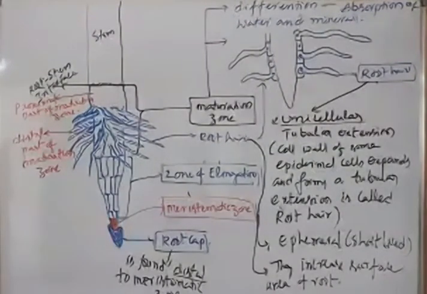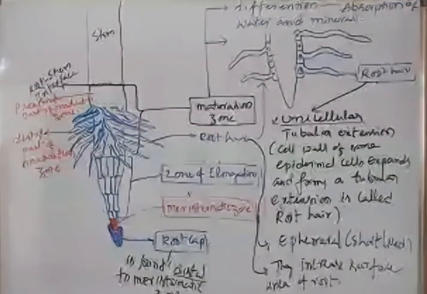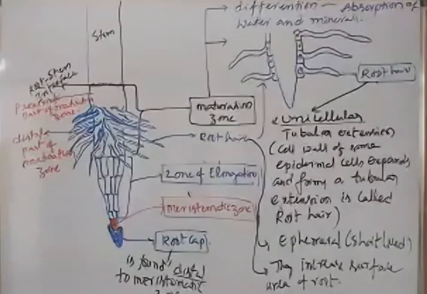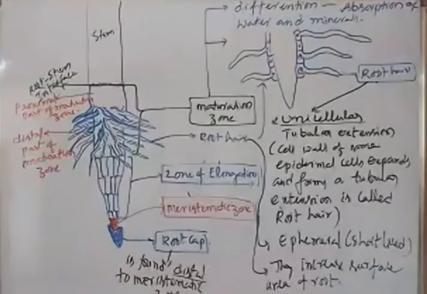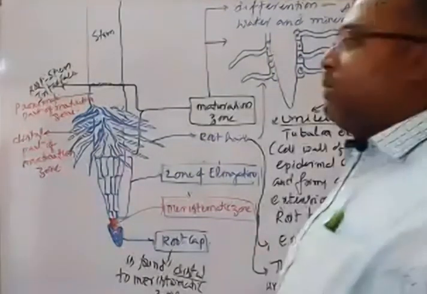Root hairs are present in the maturation zone of main root, lateral root and rootlets.